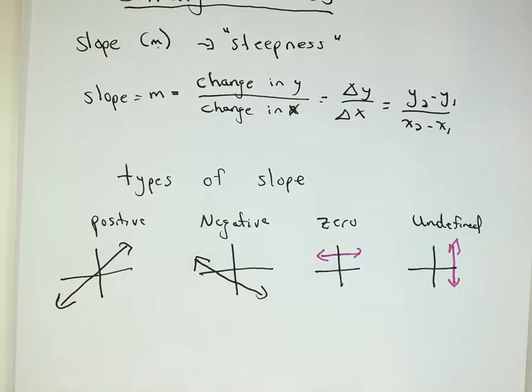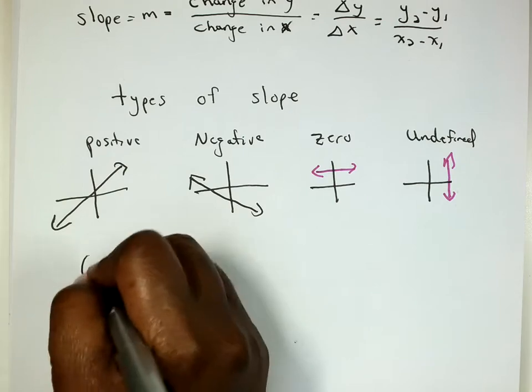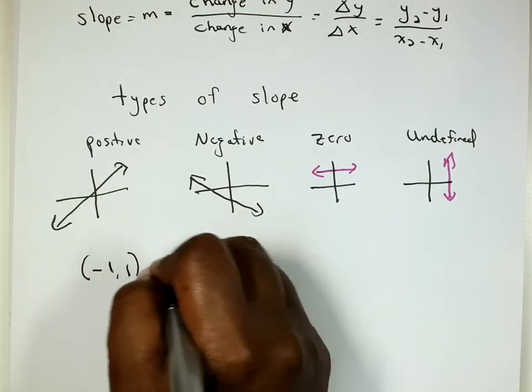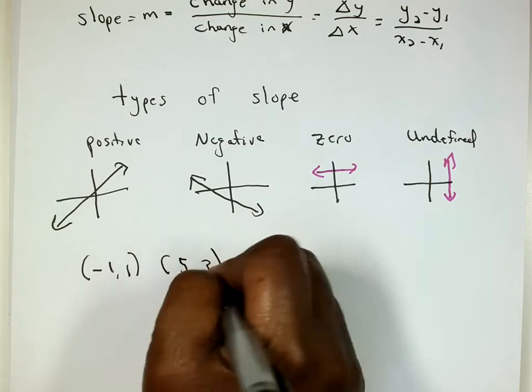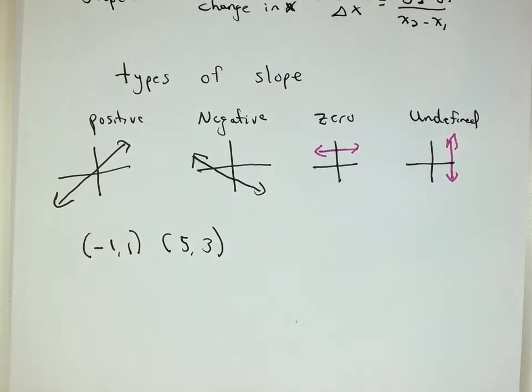So let's just find the slope given 2 points. So I have the points (-1, 1) and (5, 3). And it doesn't really matter which one you call x1, y1 and which one you call x2, y2. The point is you have to be subtracting the y's on top, the x's on the bottom, and they have to line up underneath each other.